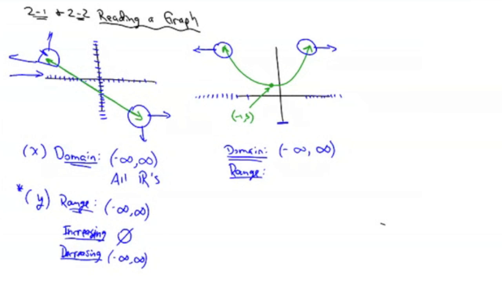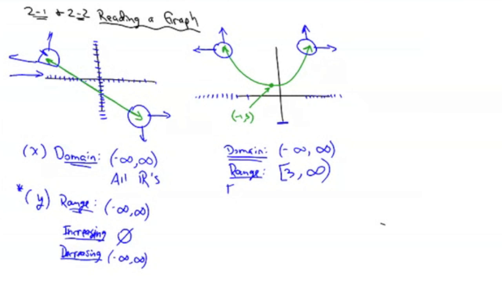Ranges are always the y value. So this thing starts at 3, and both of these arrows are going up. It doesn't matter if both of them are going or only one of them is going, the graph is going to positive infinity. So the domain is all real numbers, but the range gets cut a little bit. There's no graph below 3 on the y-axis, so we don't count that.